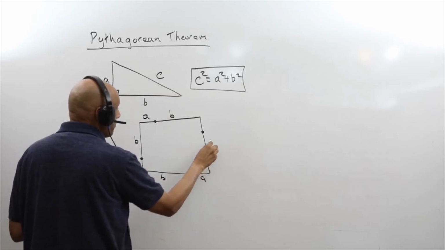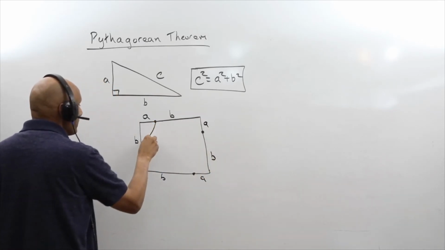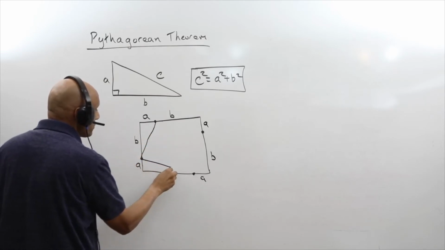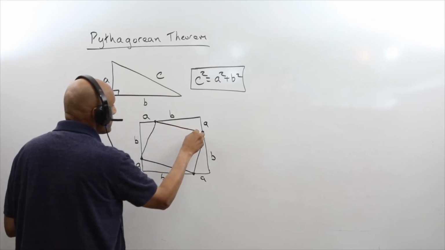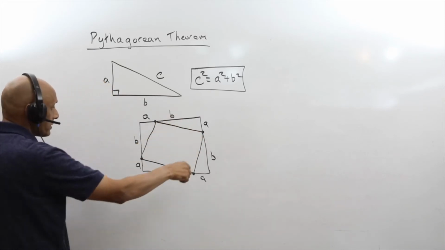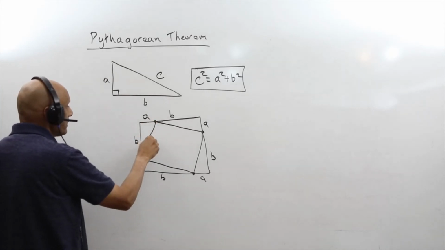Then I draw a smaller square lying within this rectangle, and we call this length C.